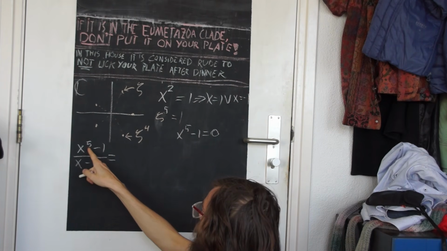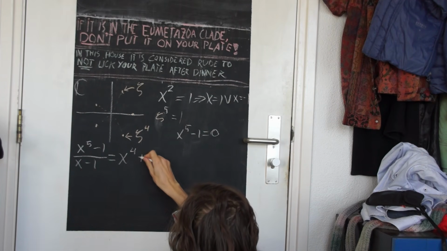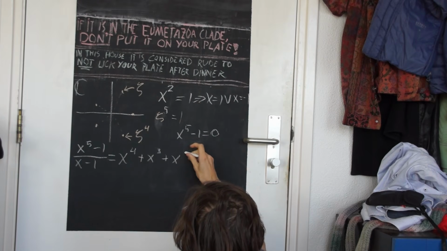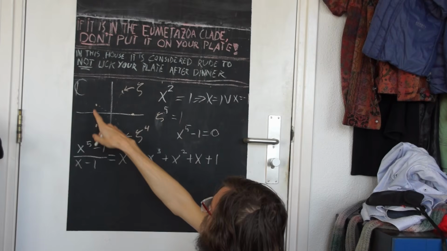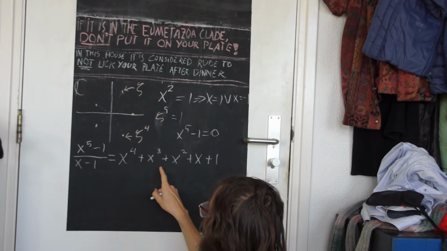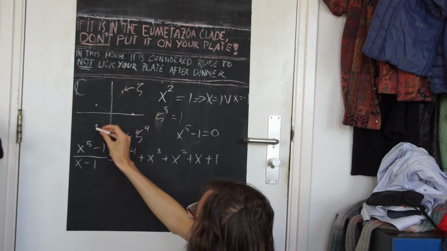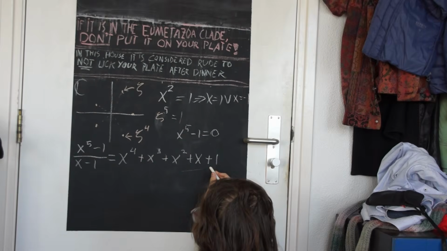Instead of a 5th degree polynomial, it's going to be a 4th degree polynomial. And this polynomial is going to have exactly these 4 points as zeros of the polynomial. That's important. So zeta, zeta squared, zeta to the 3rd, and zeta to the 4th are the solutions of this polynomial.